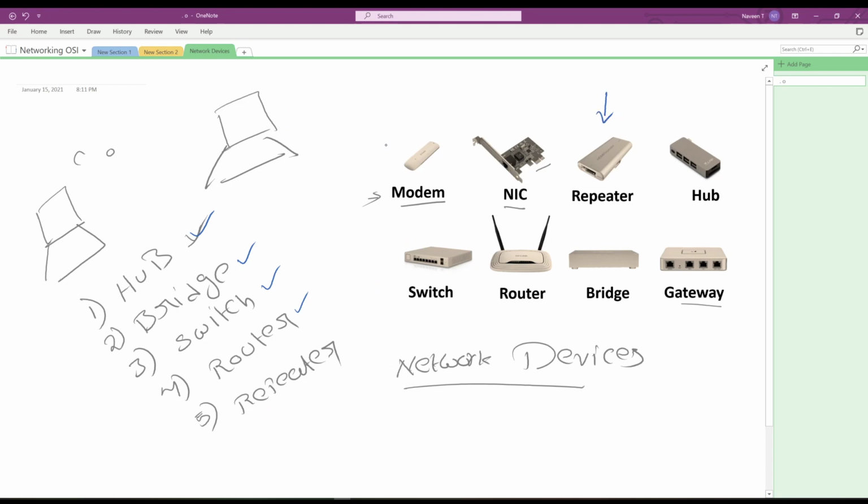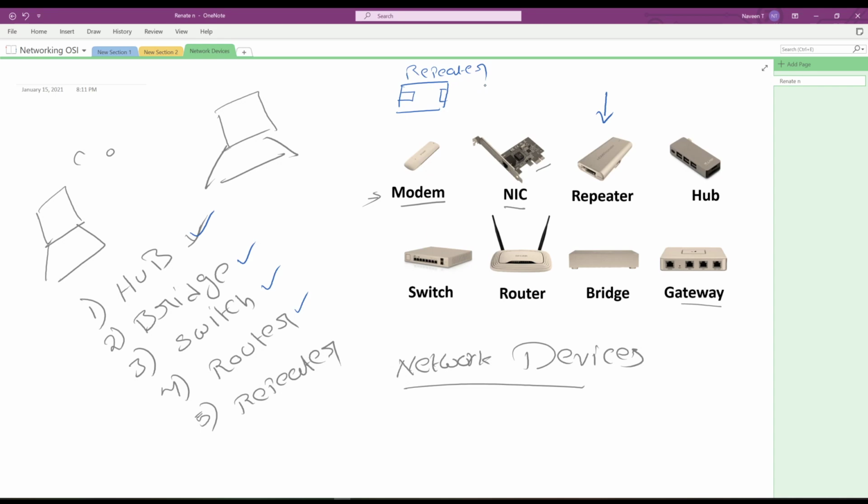A repeater is a very simple device which contains two ports. We use a repeater when we want to lay wires over long distances.